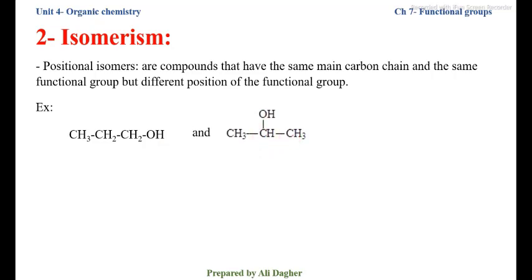In these two isomers, we have the same main carbon chain formed of 3 carbons, and the same functional group, hydroxyl group, belonging to the same family, but in the first isomer the hydroxyl group is on carbon 1, and in the second isomer the hydroxyl group is on carbon 2. Then we have different position of the functional group, then they are called positional isomers.